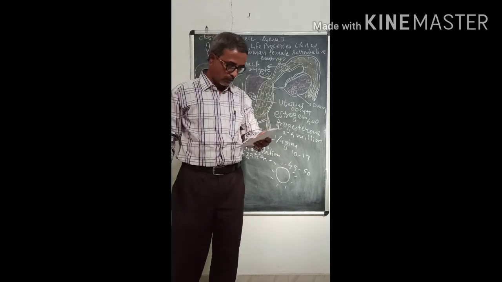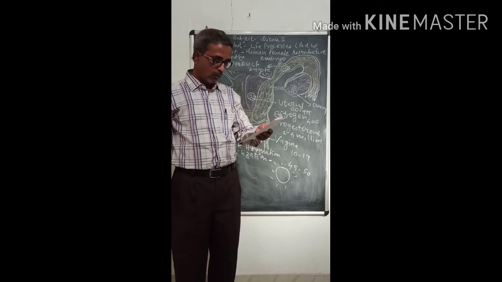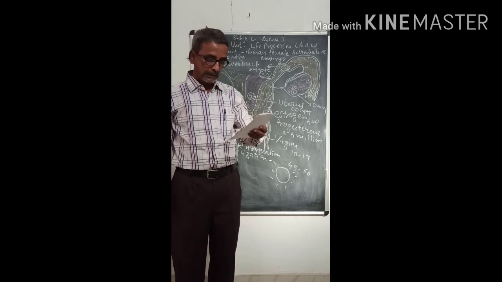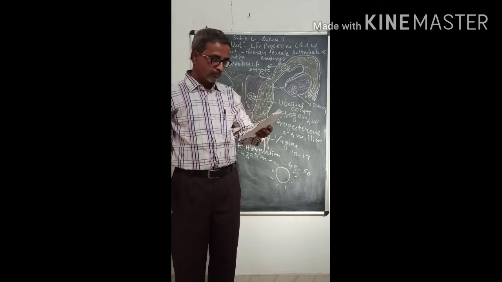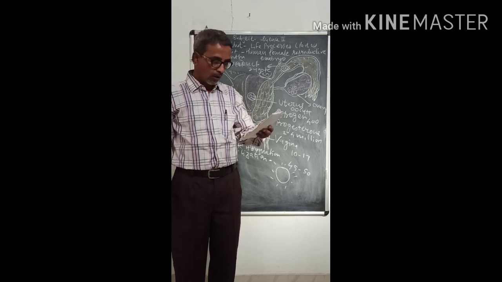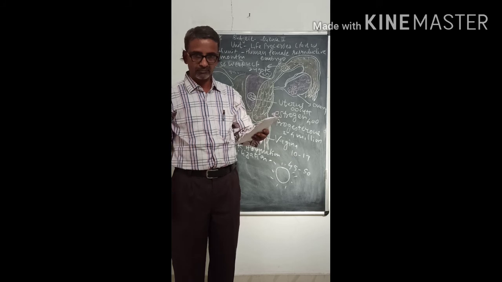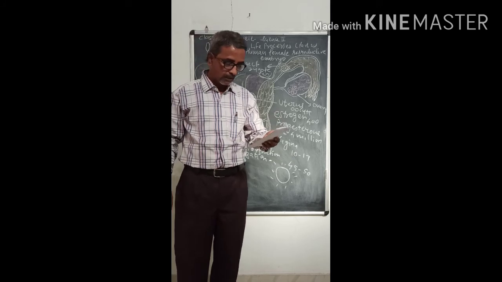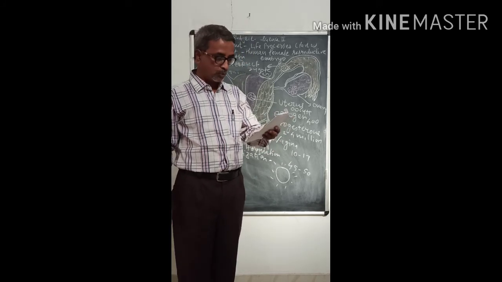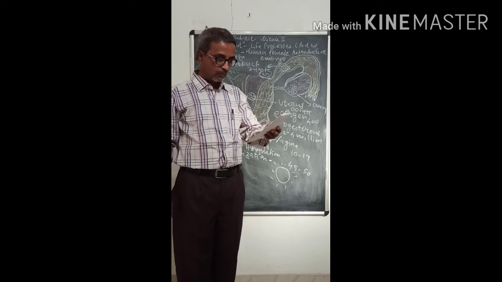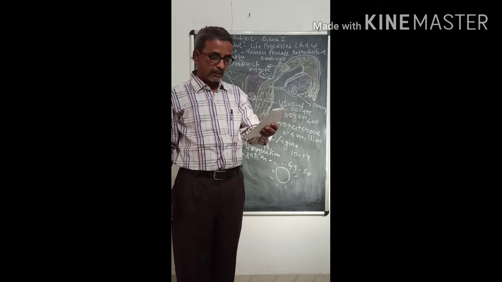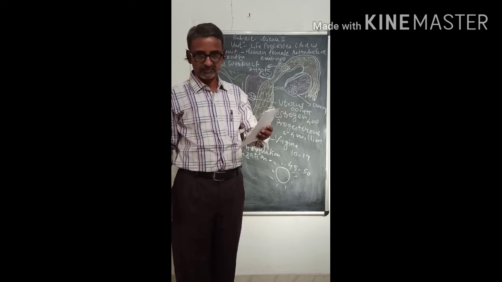Then the second question for you: which hormone is released from the pituitary of the mother once fetal development is completed? Again, listen: which hormone is released from the pituitary of the mother once fetal development is completed?